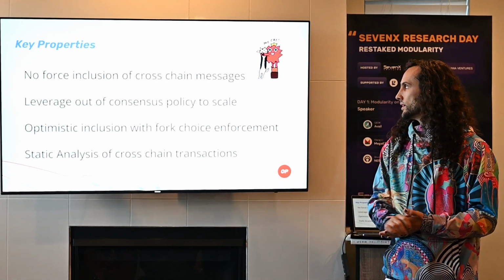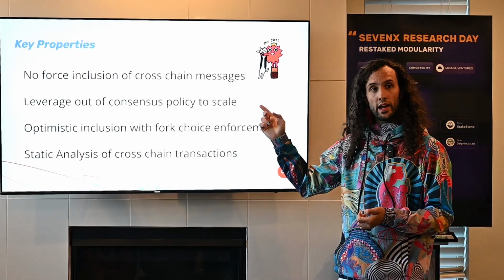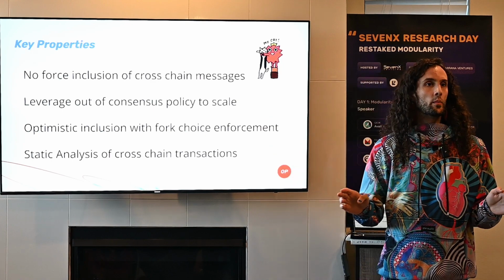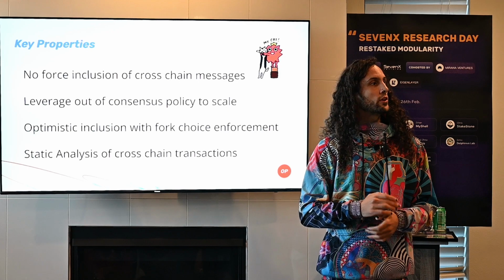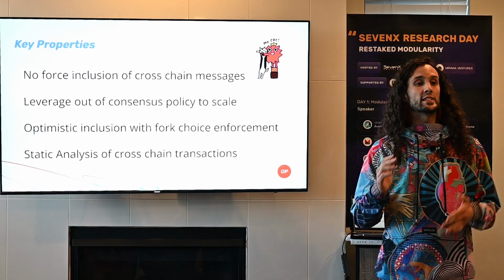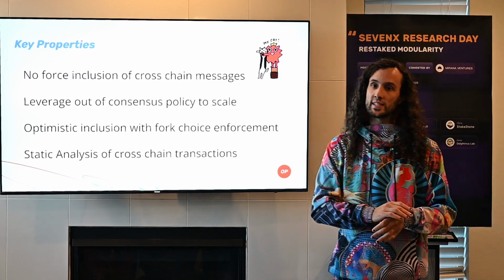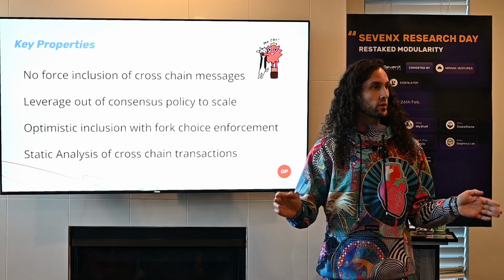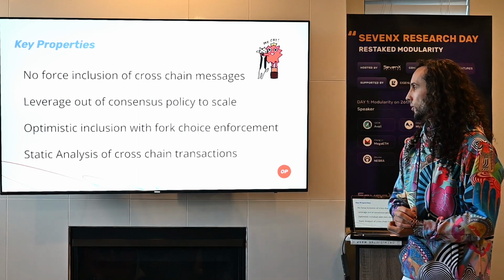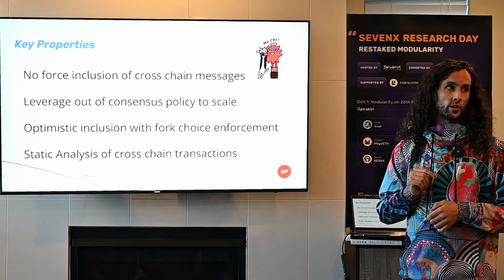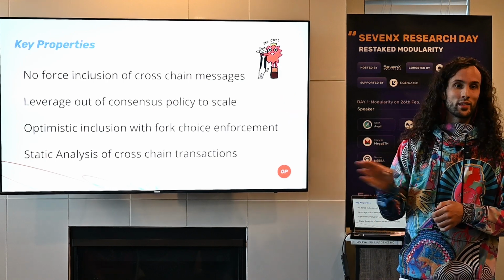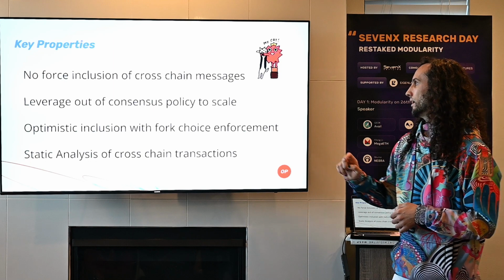So we decided to simplify things because we want to be more scalable. If you have a queue, then now you have this kind of synchrony assumption where you have to sync all of the chains. It becomes much more complicated. So, no forced inclusion of cross-chain messages. Much simpler, easier to reason about.